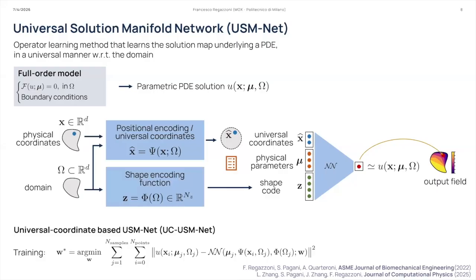If the number is very large, then we can do mini batching. And what we typically do is change different points on different geometries, because in this way we can cover the domain in a more even way, and we don't have any bias towards specific locations, but we can generalize better from one geometry to another.